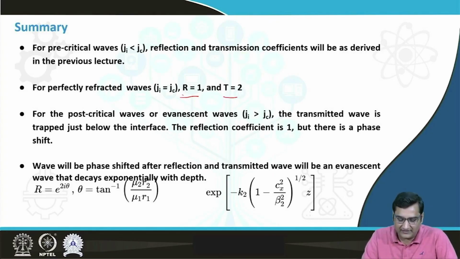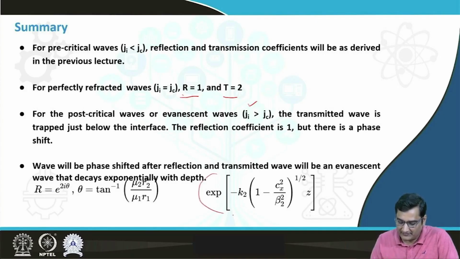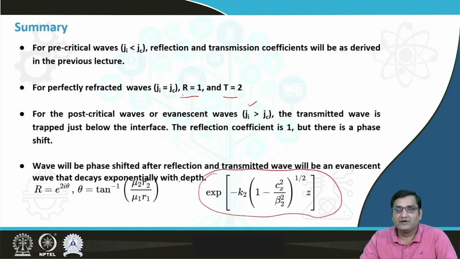For the post-critical waves or the evanescent waves, where the incident angle is larger than the critical angle, the transmitted wave will be trapped just below the interface, and the reflection coefficient will be 1 with a phase shift. The reflected wave will be phase shifted after reflection, and the transmitted wave will be an evanescent wave that decays exponentially with depth. This is the expression by which the evanescent wave will be decaying exponentially with depth.